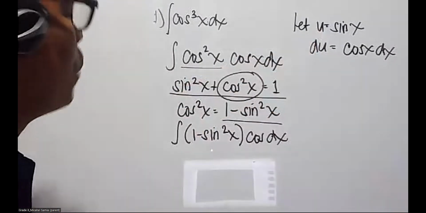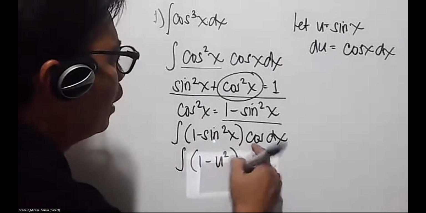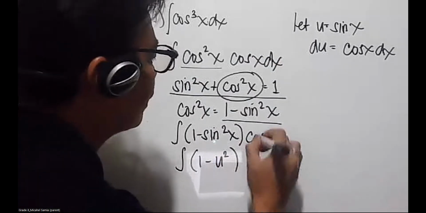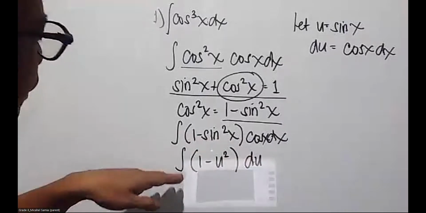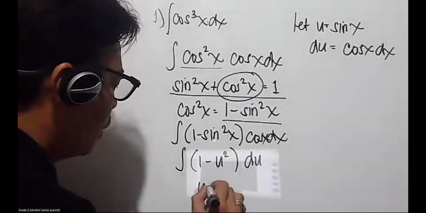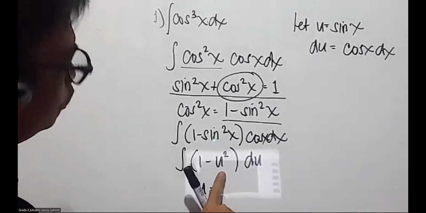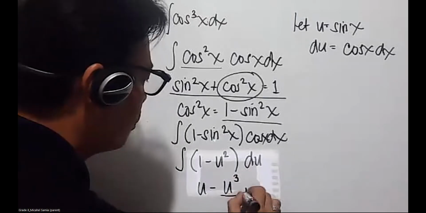Changing these to u and du, we have the integral of quantity 1 minus u squared du. Now integrating, distributing du, the integral of du is equal to u, and then minus the integral of u squared du, which is u cubed over 3 plus c.